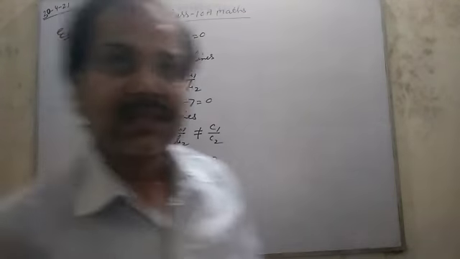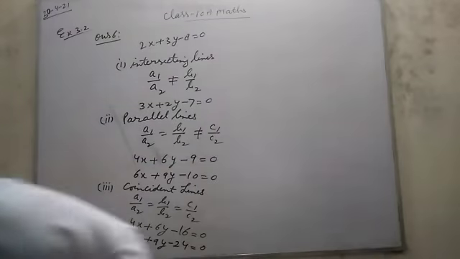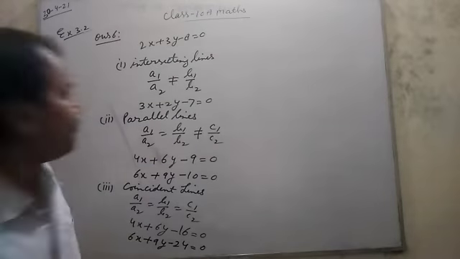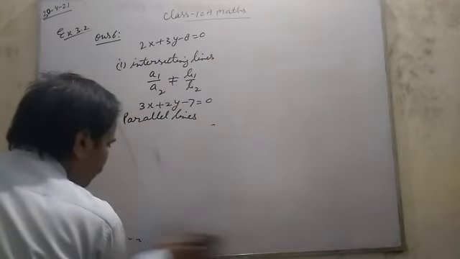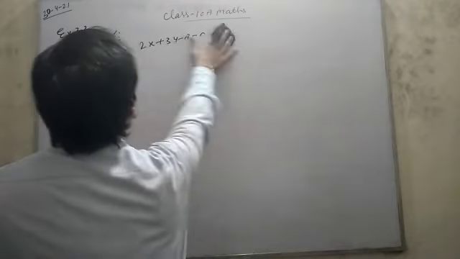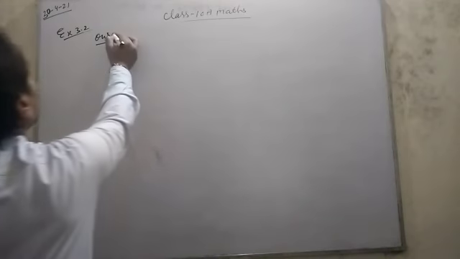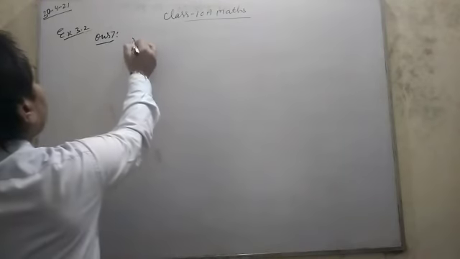Then the last question of this exercise as well as this chapter, question number 7. Draw the graphs of the equations x - y + 1 = 0.